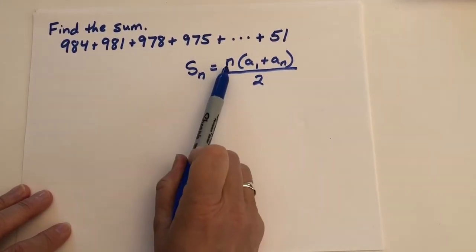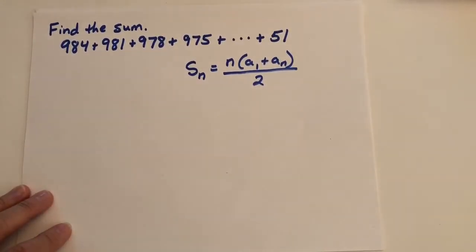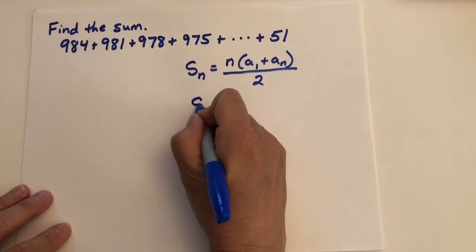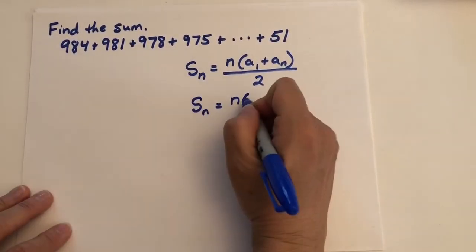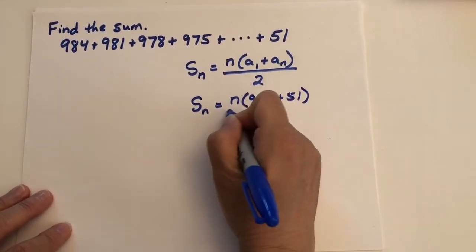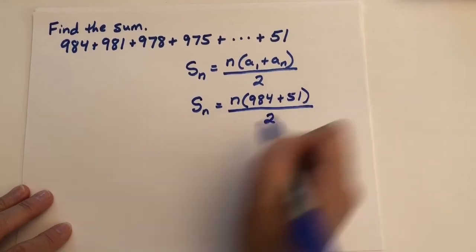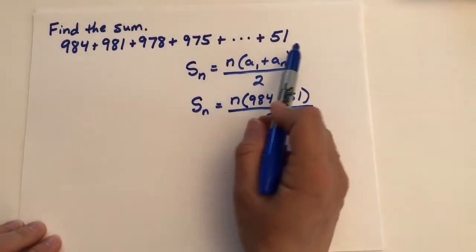N is the spot that number is in the list. So my formula, just substituting in what we know, looks like this: 984 plus 51 divided by 2. But again, I don't know how many terms I have.